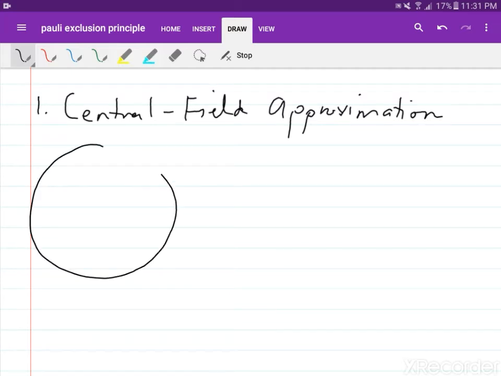Simply put, you are treating all the other electrons outside the nucleus, and you are leaving just one electron outside the nucleus. You have your protons and neutrons here, and the other electrons are treated just like a shell that cancels out or changes the charge of the nucleus.